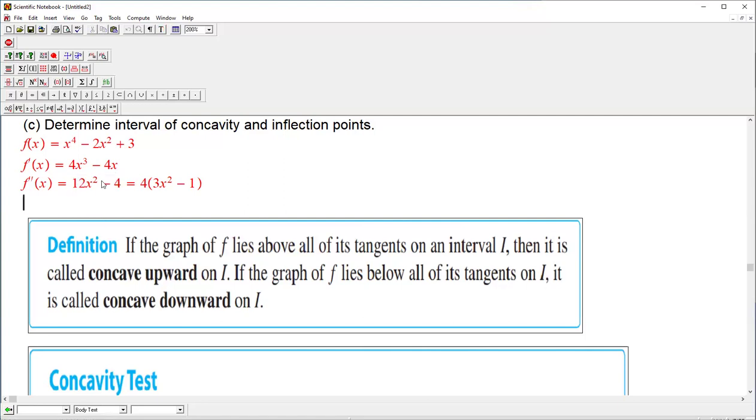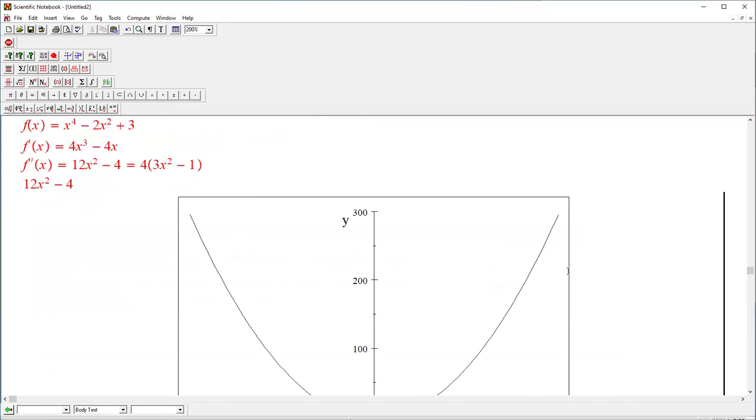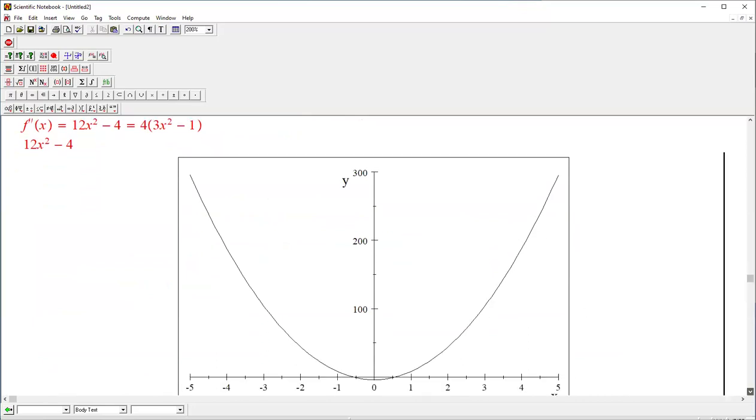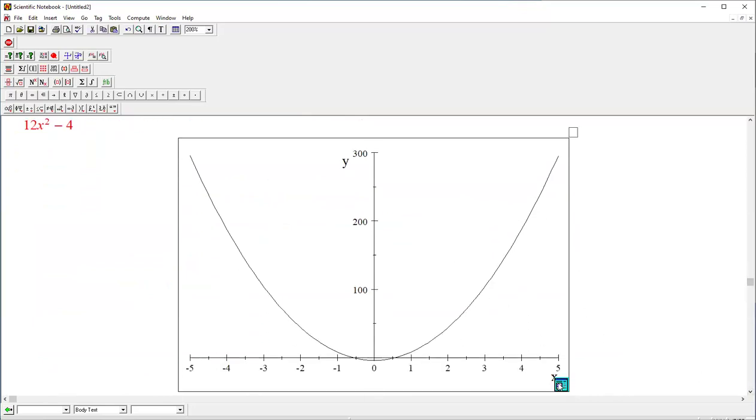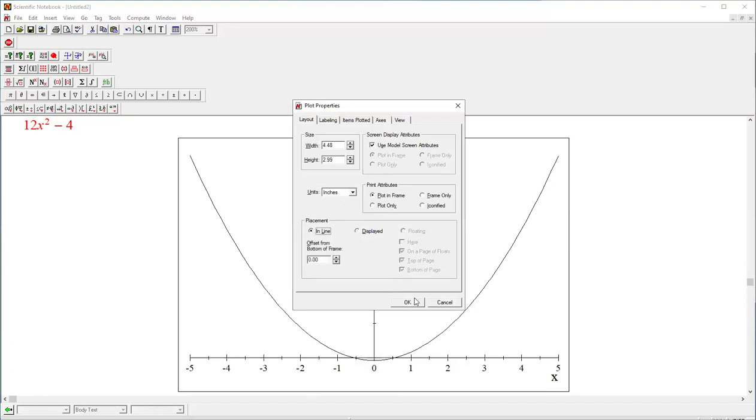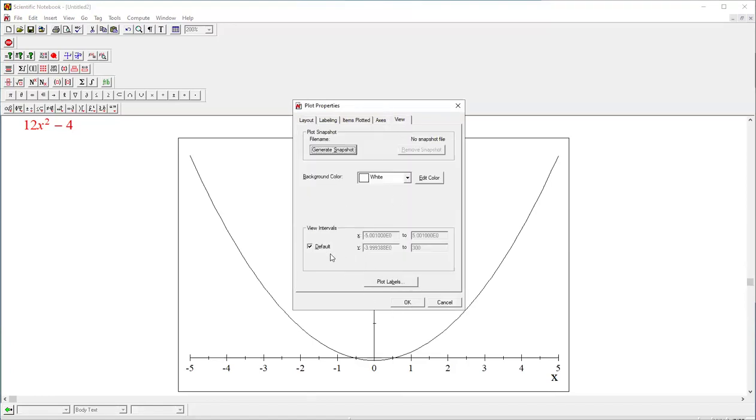You can sketch a parabola on your paper and mark the x-intercepts. I'm going to just sketch it, a quick sketch.